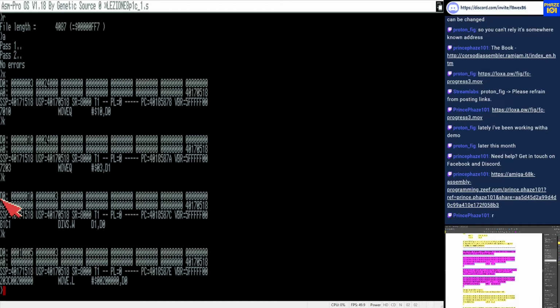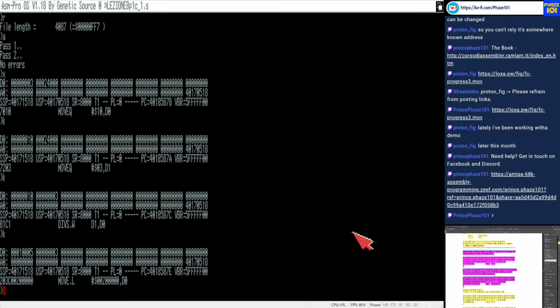And as you can see, D0 has got the 5. Remember, the result is always in the low word, and the remainder is in the high word of the destination register. So that worked perfectly well.